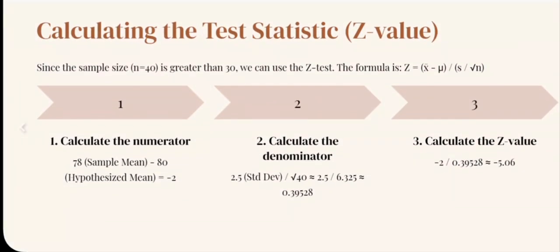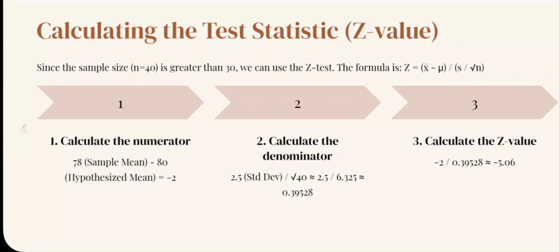Now, in order to determine if we should accept or reject the null hypothesis, we need to calculate the z-value and compare it to the critical z-value, which is 1.96, positive or negative. Now let's write down what we know. The sample mean is 78.